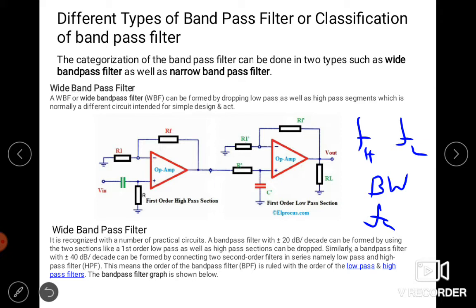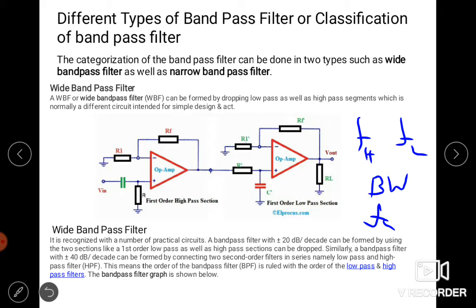For the wideband filter, the center frequency is defined in terms of fh and fl, the high and low cutoff frequencies of the band. In the narrow band pass filter, the output peaks at the center frequency, denoted by FC.